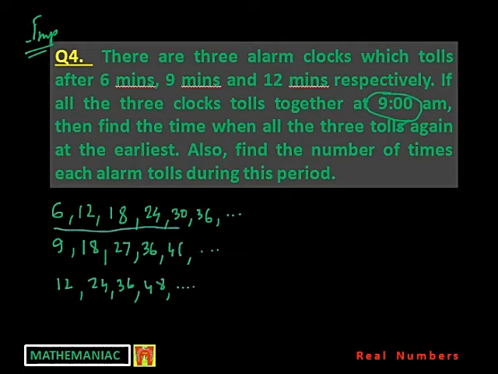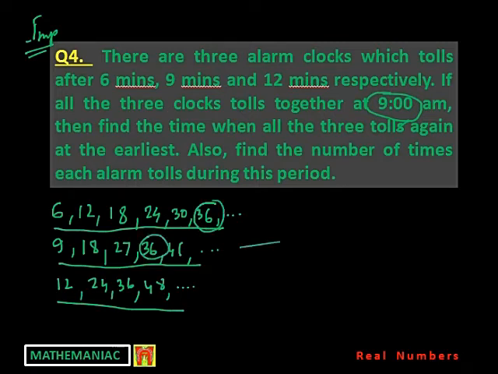Now you see, after 9 a.m., when you set the clock and leave the clock, the first clock will ring after this time, the second clock will ring after this many minutes, the third will ring after this many minutes. But out of that there is a common number, 36.